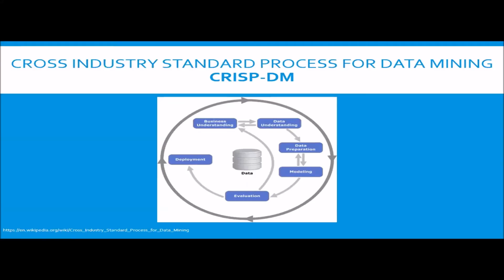What's interesting about it is the first 3 tasks don't really have much to do with actually using data modeling or mining techniques. The first 3 tasks are really about understanding your business problem, coming to understand the data that you need to solve the business problem, and then preparing that data to be used.